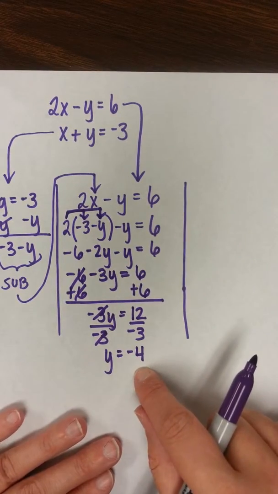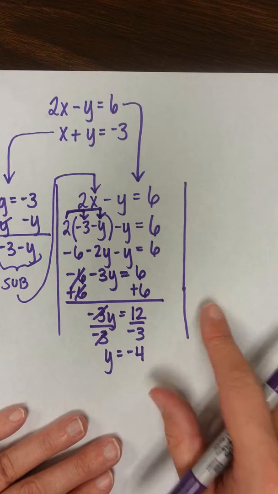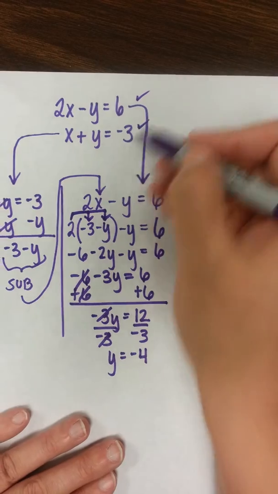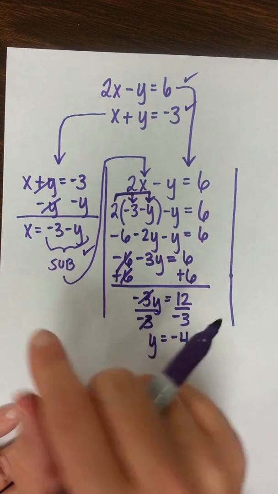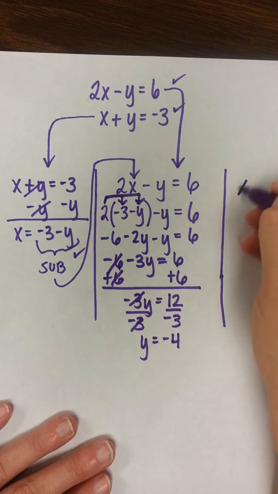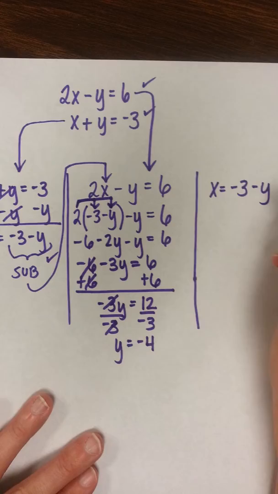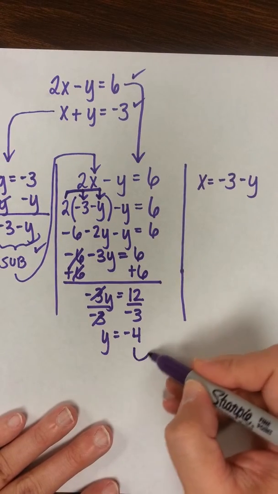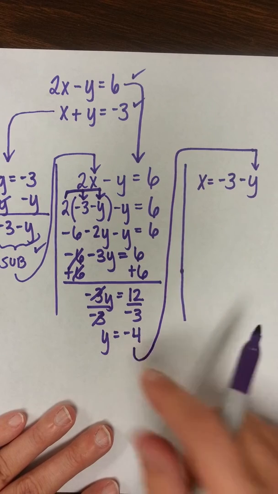Since I've reached a value in the second column, I'm now ready to start the third column. Remember, the third column, you can use any of the equations from before. I always recommend using the sub-equation. So I'm going to use x equals negative 3 minus y. I'm going to substitute in place of the y, a negative 4.